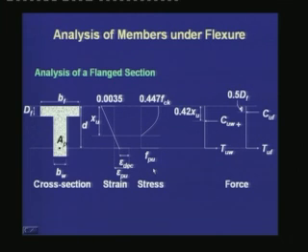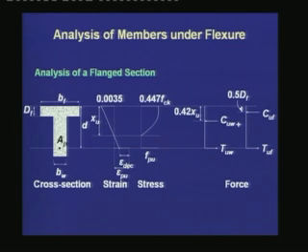From the stress diagram, we are moving on to the force diagrams. Now, here is the difference with respect to a rectangular section. We are decomposing the force diagram into two components, one which exists in the outstanding part of the flanges and part of the prestressing steel, and the other which exists in the web and the rest of the prestressing steel.